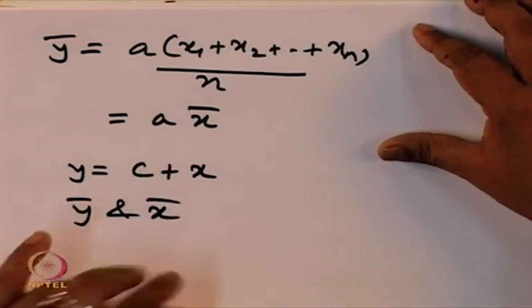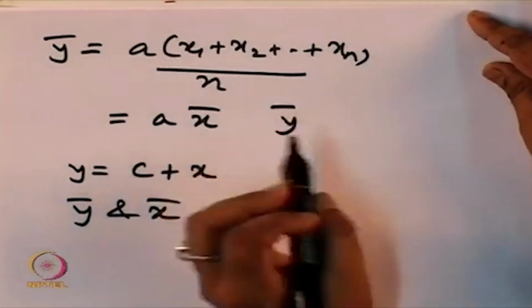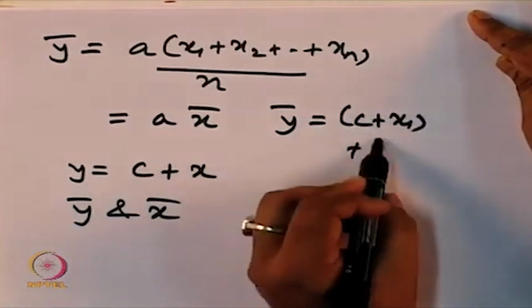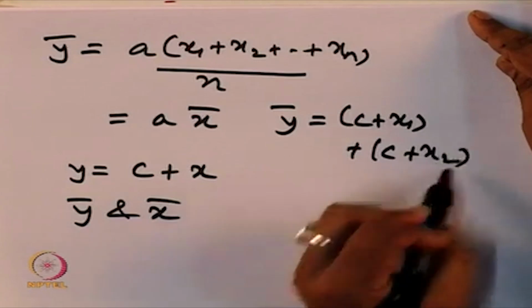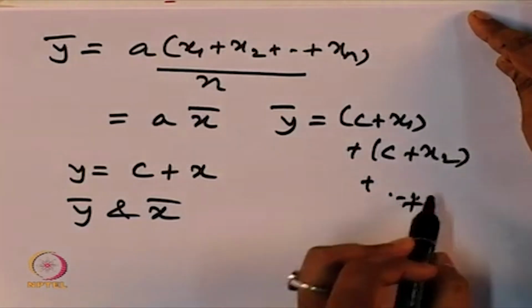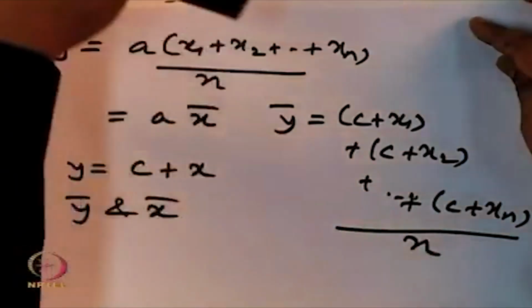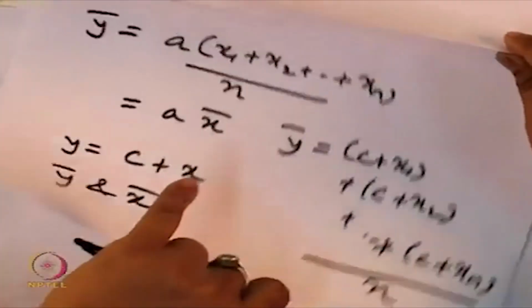So, you can do the same exercise, the same thing, but y bar is now c plus x1 plus c plus x2 plus c plus xn by n. Okay.